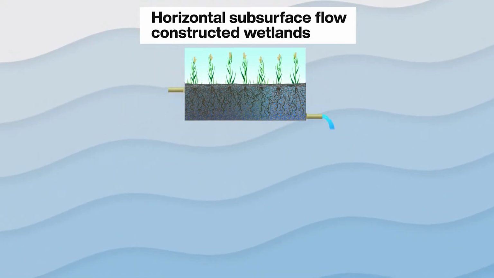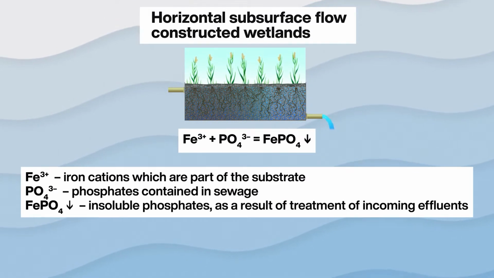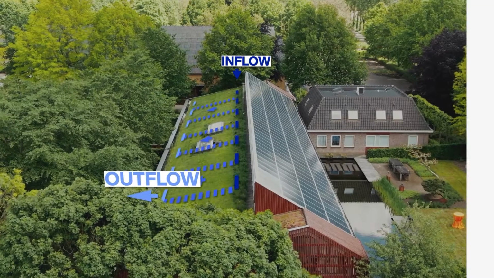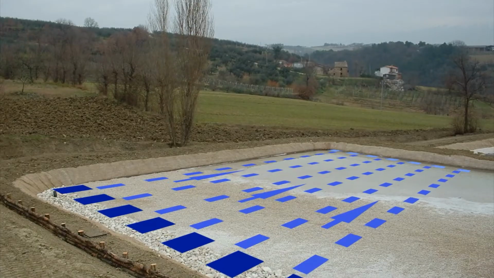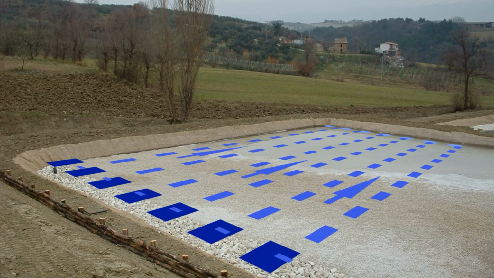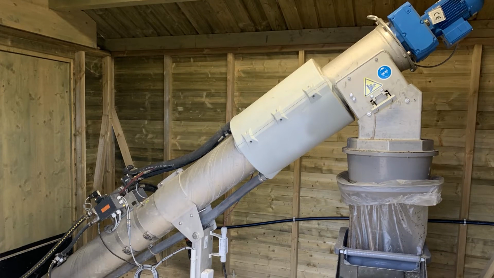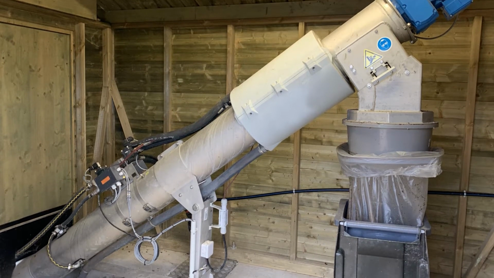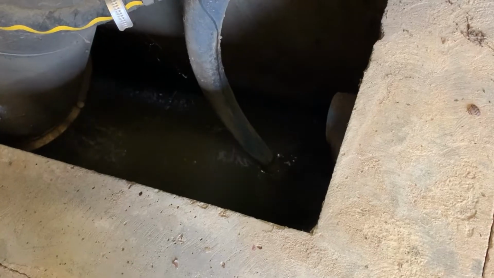Second, the substrate can be used as biochemical treatment agent, for example, to remove phosphorus. Third, influents are supplied uniformly throughout wetland volume. And fourth, there is a preliminary mechanical treatment mechanism to protect constructed wetlands from clogging by waste and sand.